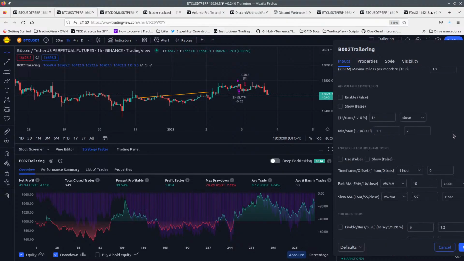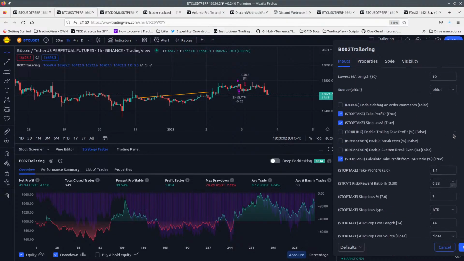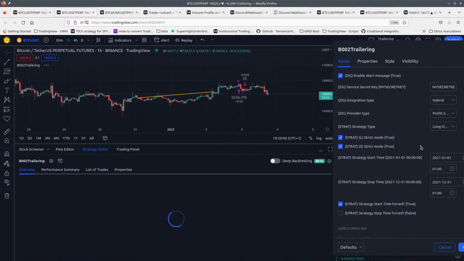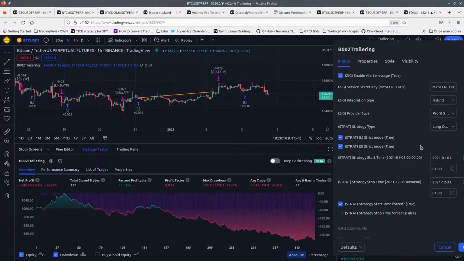Okay, what about the long only? Long only goes down every time, but hopefully much less than what we have in short only.